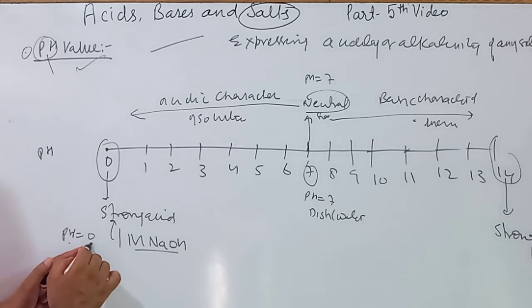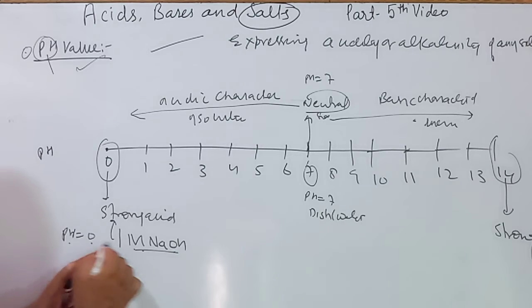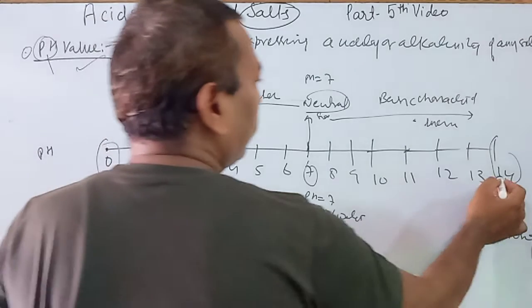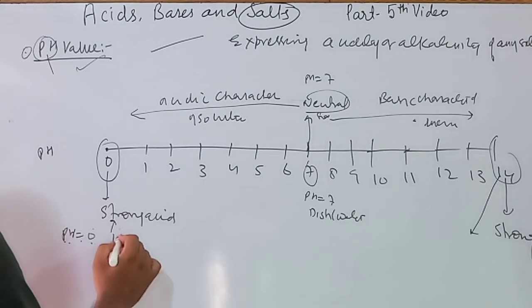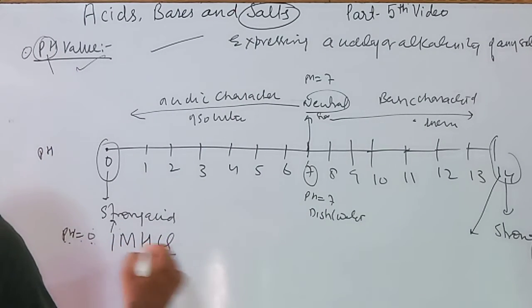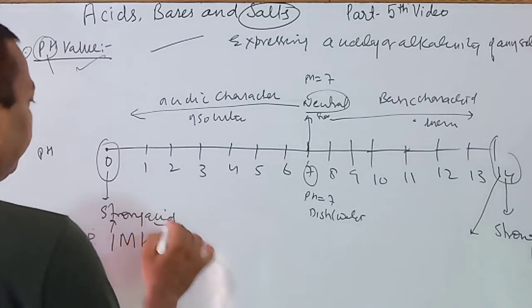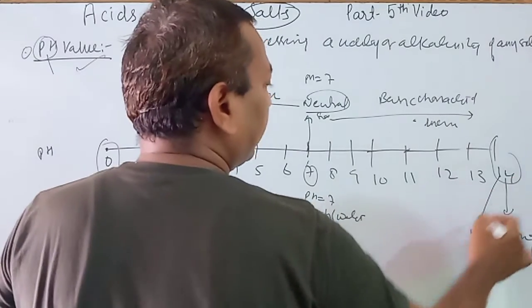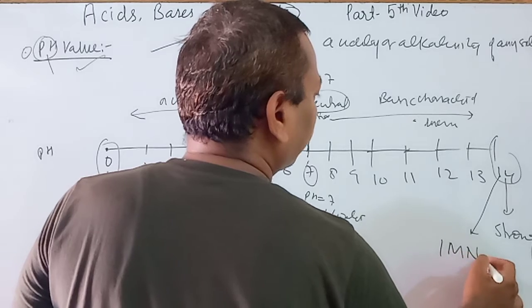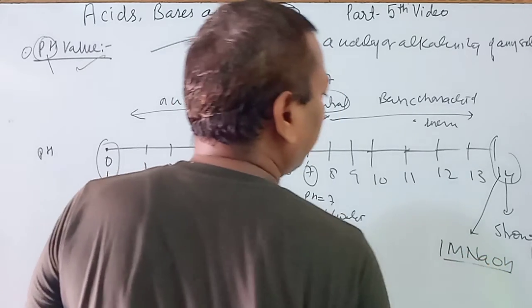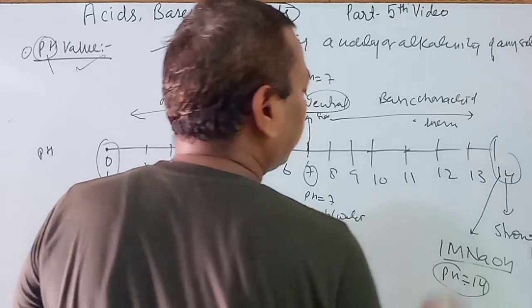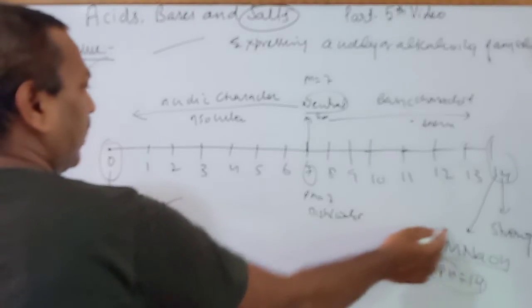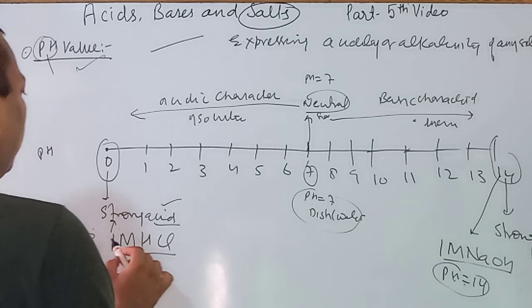Now on the basic side, 1 mole sodium hydroxide, NaOH, has pH value 14, so it is a strong base. This is neutral.